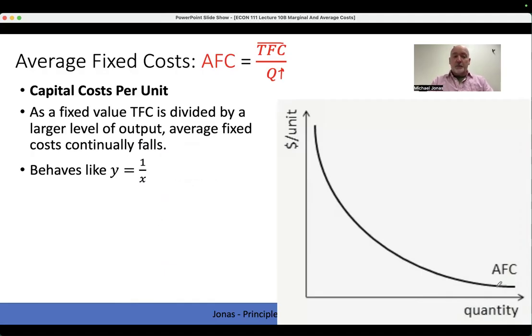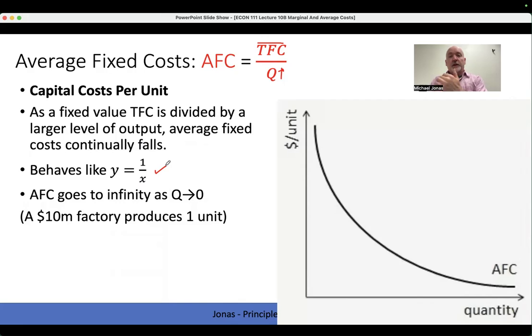And if it helps mathematically, it's going to look a lot like the first quadrant of that function y equals 1 over x, right? So the numerator is fixed, the denominator is increasing, and we'll get this asymptotic result, right? As quantity goes to infinity, hypothetically, our capital cost per unit goes to zero.